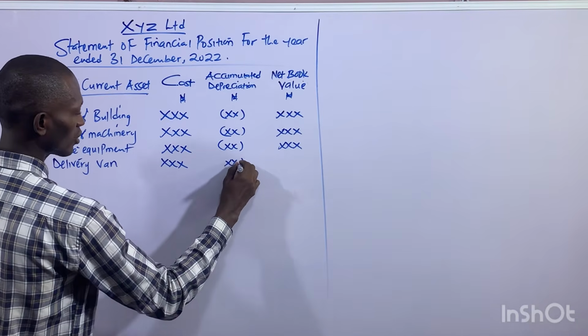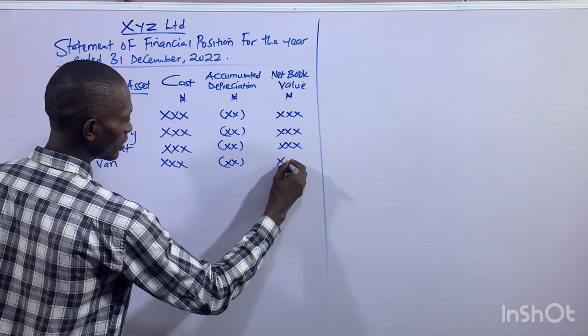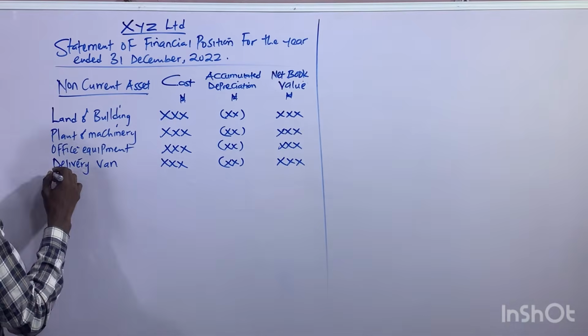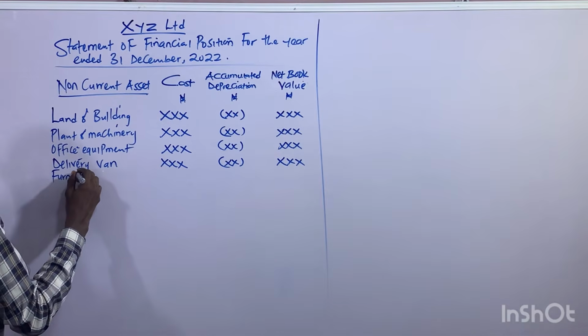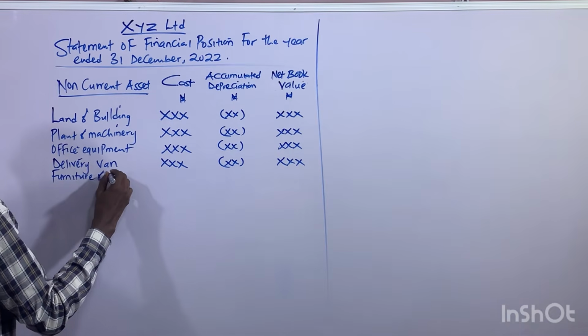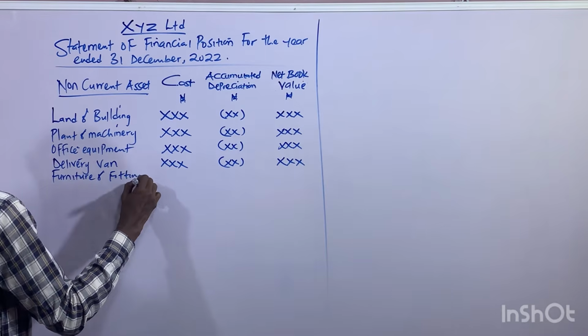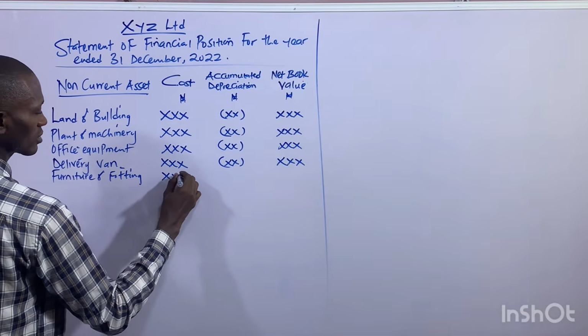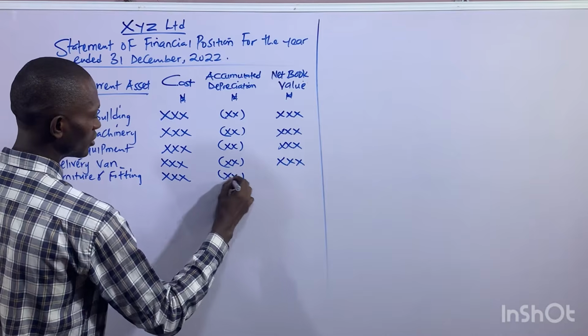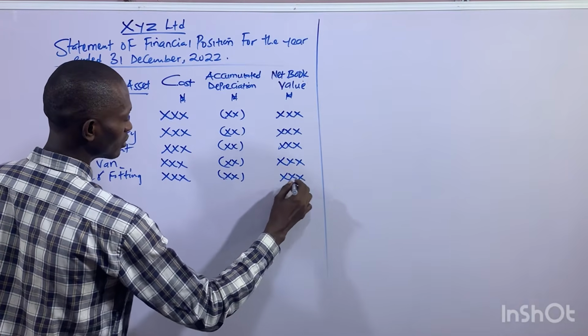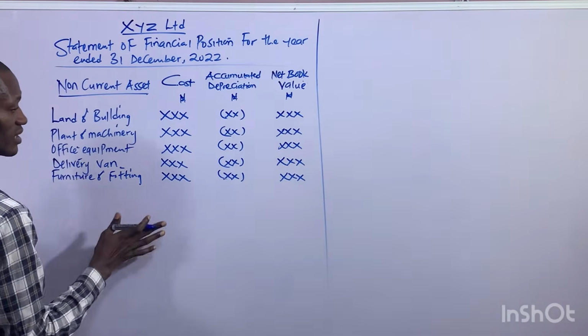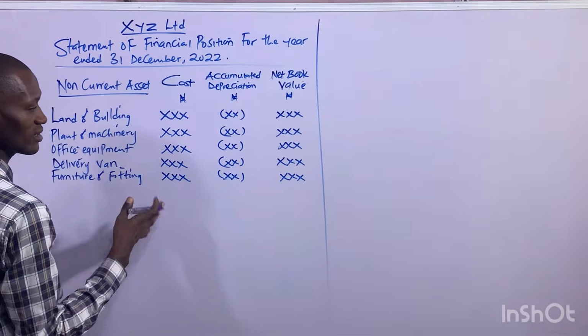So you have the accumulated depreciation and you have the net book value. You could have furniture and fitting. So you have the costs, the accumulated depreciation, and you have the net book value. So let's assume these are the non-current assets that we have.